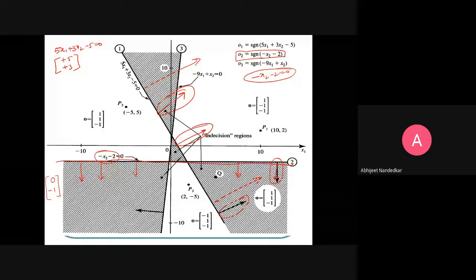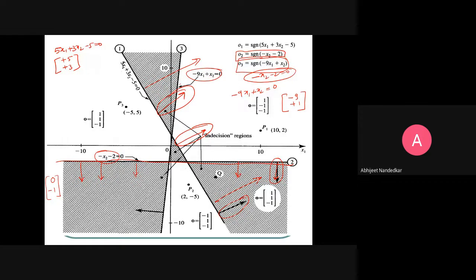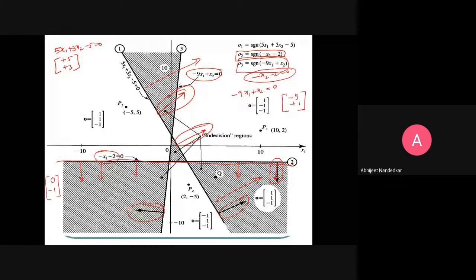Now for the third neuron, the line implementation is minus 9x1 plus x2 equal to 0. If you collect the coefficients, it will be minus 9 and plus 1. So this is the line minus 9x1 plus x2, and if you plot the corresponding vector, minus 9, plus 1, it is somewhere here.